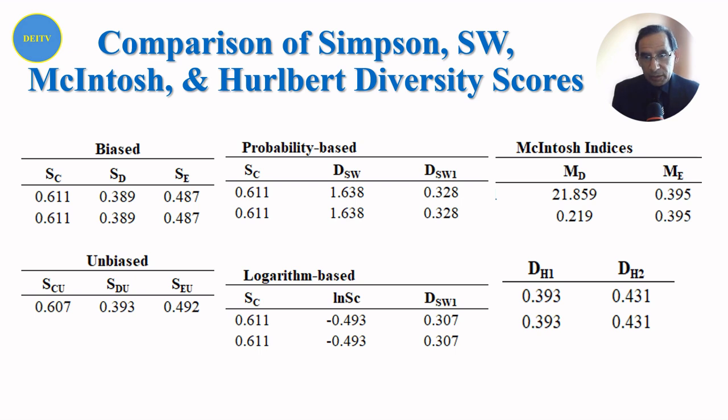And recall that the Hurlbert relative diversity index score is obtained by subtracting the minimum score from the diversity score, divided by the minimum score subtracted from the maximum score. That gives us a relative probability.